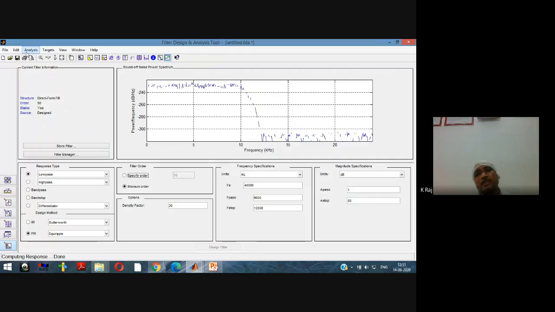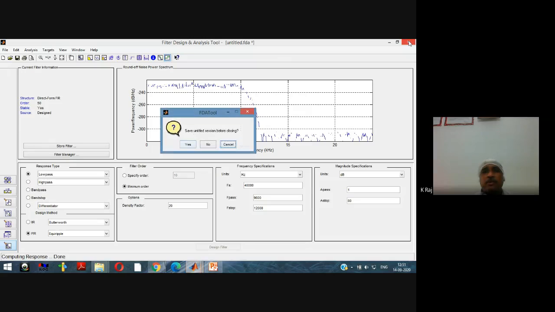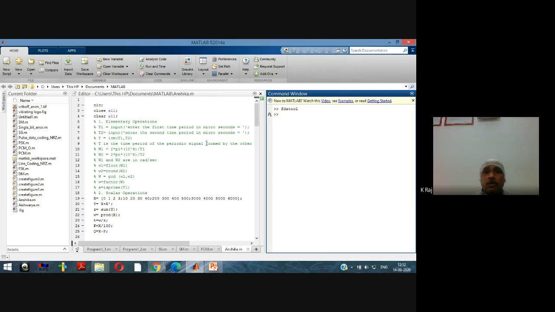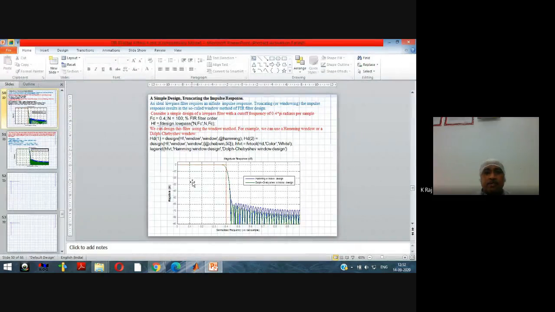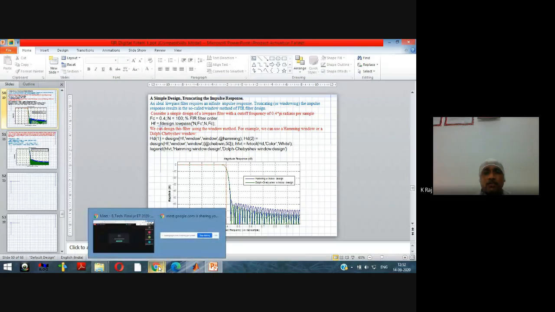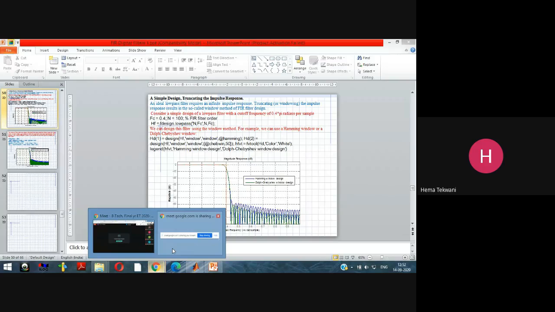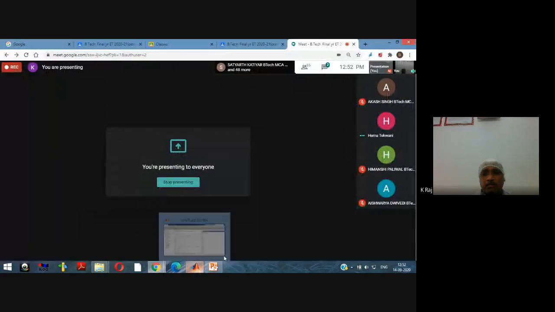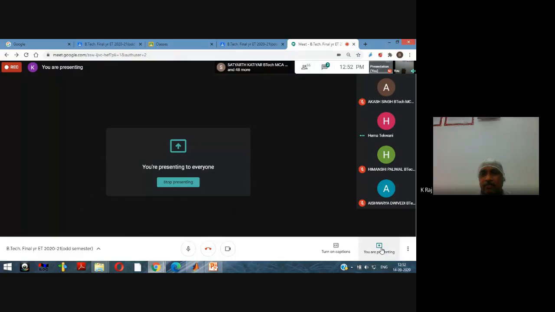So we have discussed here the method of designing any FIR filter using this FDA tool, and after designing we can analyze them. And in the next lecture, naturally we will discuss some more concepts, or we will try to elaborate the concepts of designing of the FIR filter using the FDA tool.